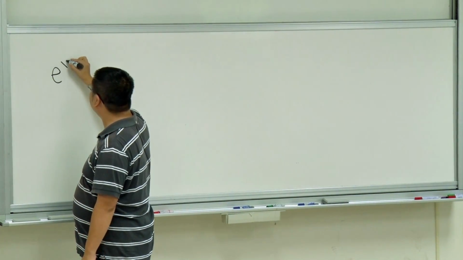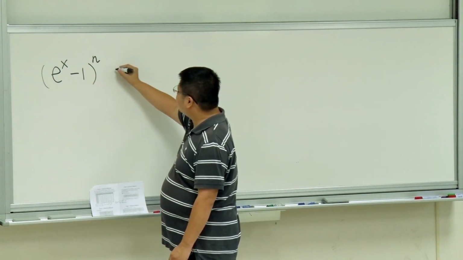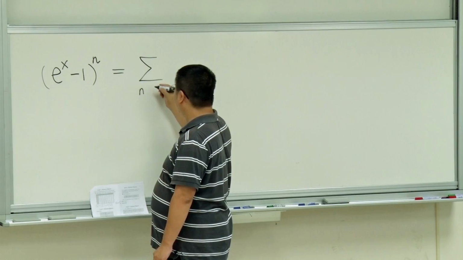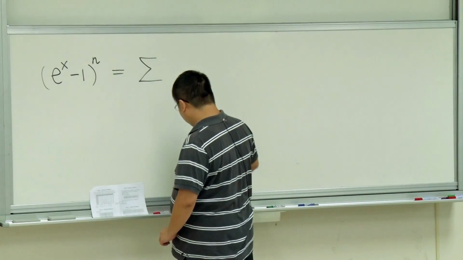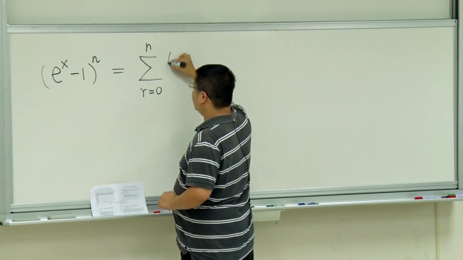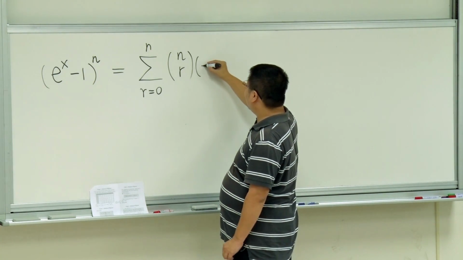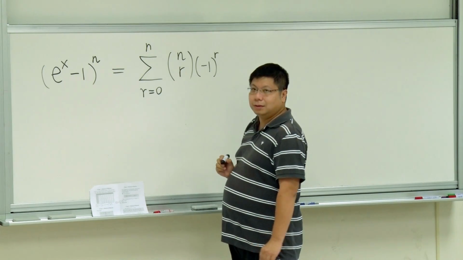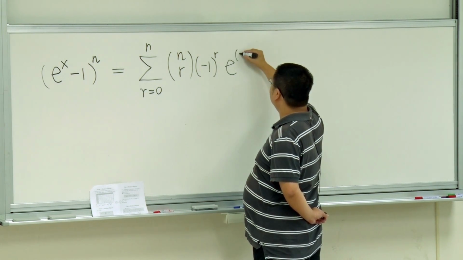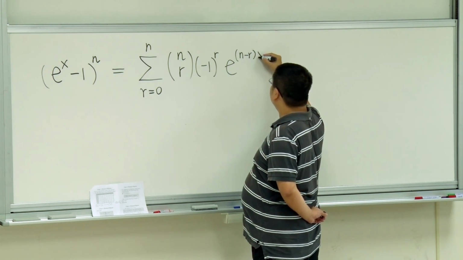We have e to the power x minus 1, to the power n, and this is equal to, by the binomial theorem, with summation, n is not n, let's call it r, r equal to 0 up to n, n choose r, minus 1 to the power r, and then e to the power n minus r times x.